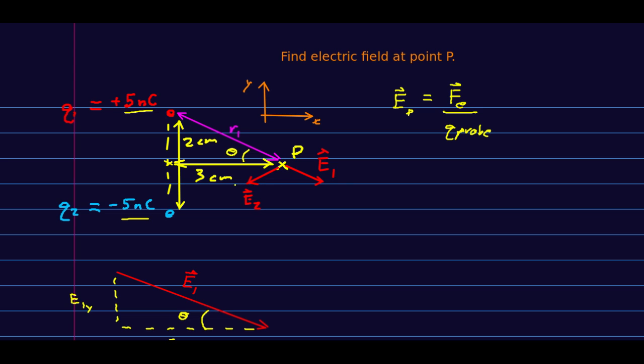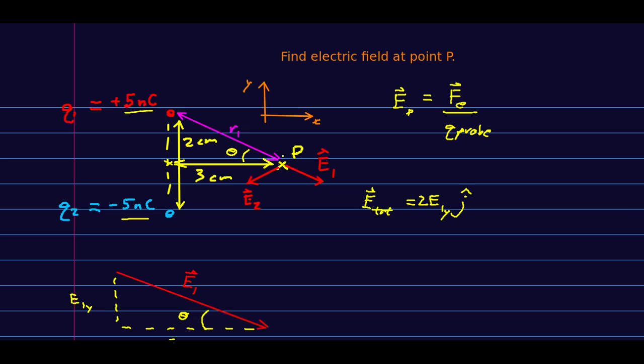The x components of these two will cancel out, and we're going to be left with just the y components adding together. So in the end, our E total is going to be nothing more than E1y times 2, because E2y is the same. That's it.